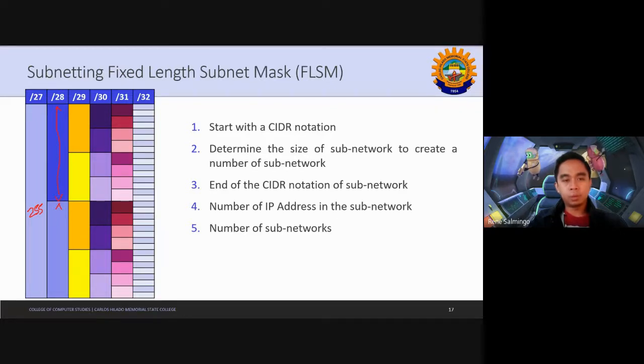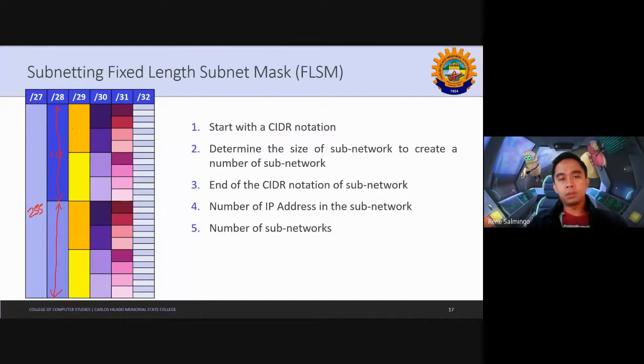The next slash notation would be what? Divided by 2. So this would be 128, right? 128, 128, you have 256. So you have 127, and another 127. Now for slash 29, you divide this.